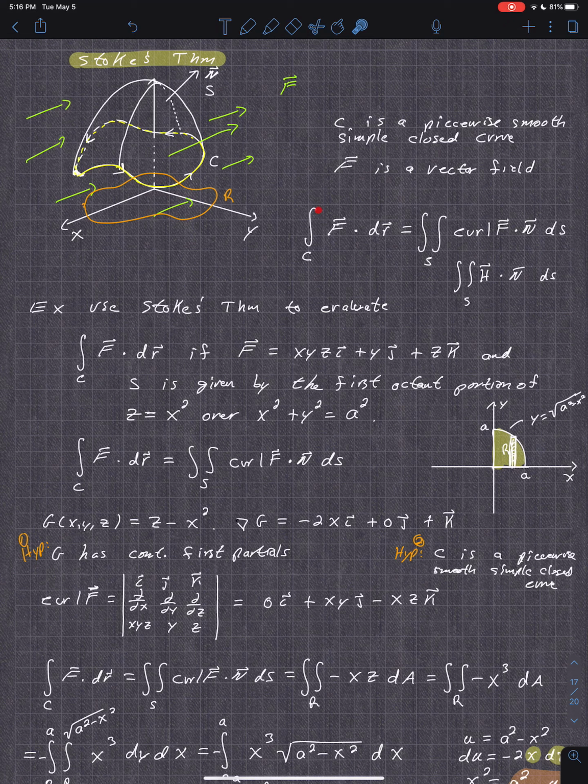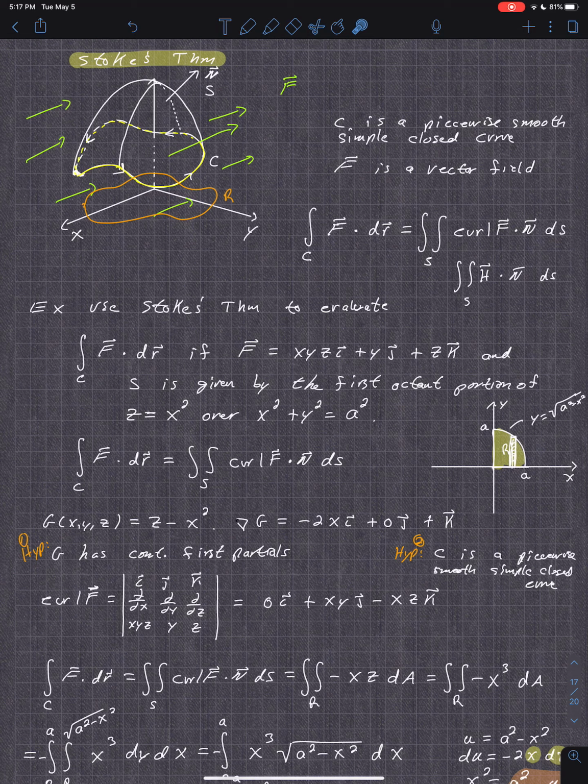So the line integral over the curve, with F acting on it, is F dot dr. Okay, so that's a line integral around the curve. That is equal to the double integral over the surface, this entire surface, of the curl of F dot n dS.